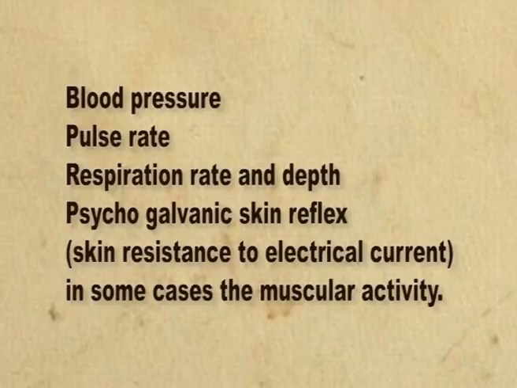The polygraph is a pneumatically operated device which concurrently records changes in the subject's blood pressure, pulse rate, respiration rate and depth, psychogalvanic skin reflex, that is skin resistance to electrical current, and in some cases muscular activity.